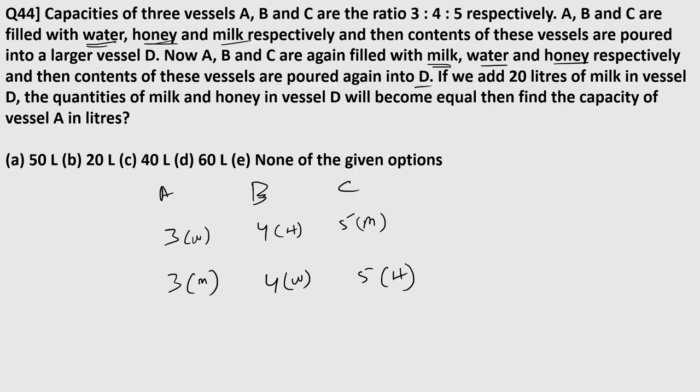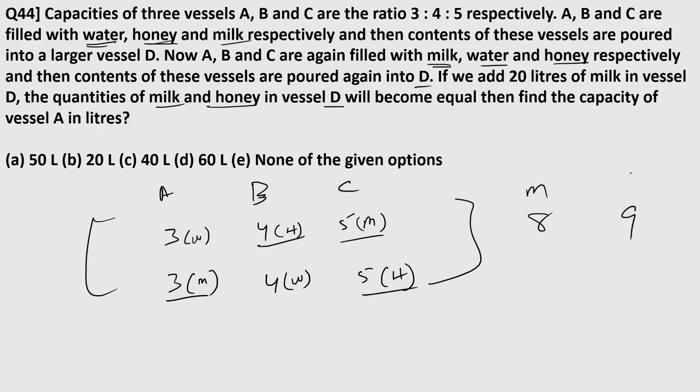If we add 20 liters milk in vessel D, the quantities of milk and honey in vessel D will become equal. Okay, first check. Now all these are poured into vessel D. So total amount of milk in vessel D will be this plus this, means 8 units. Total amount of honey will be 4 plus 5, 9 units, right?